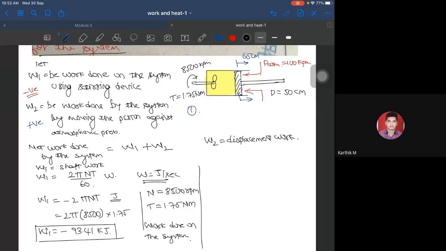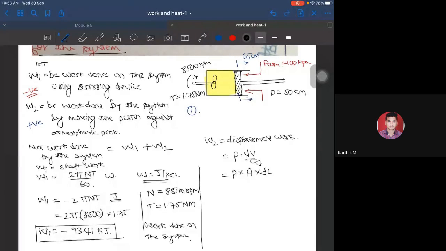Displacement work is given by P into dV, right? And dV, volume, can I write it as area into length? Volume can be written as area into change in length. Understood?